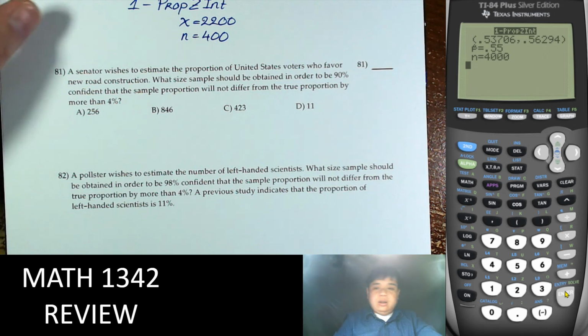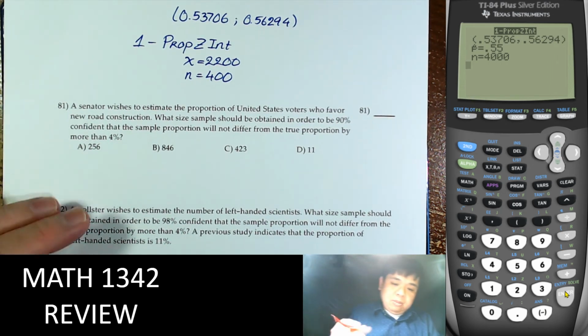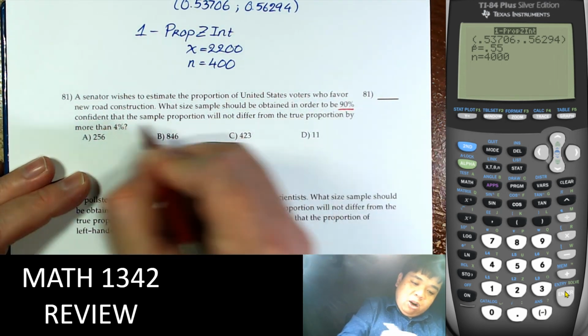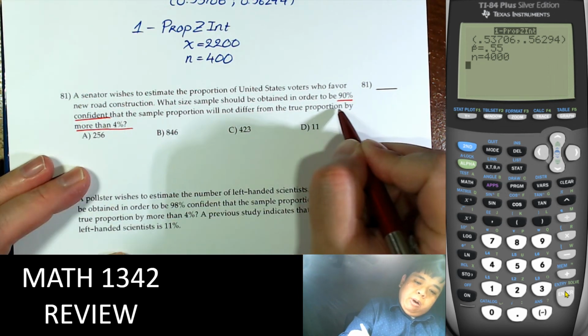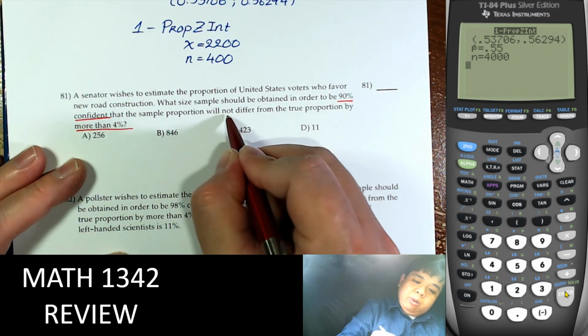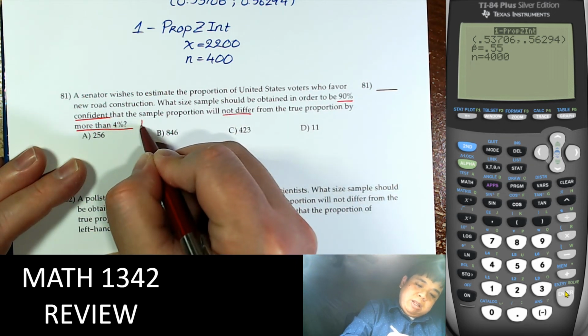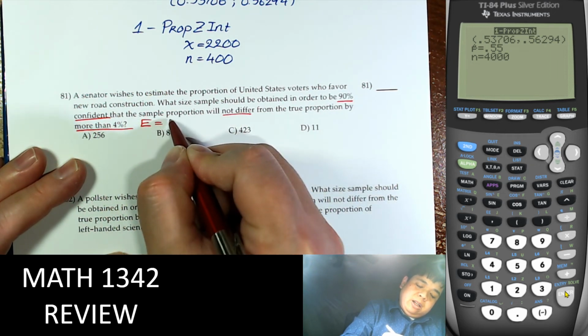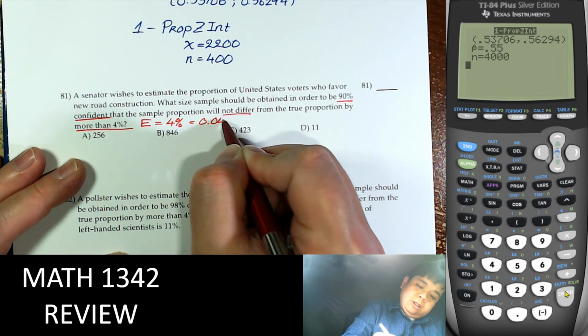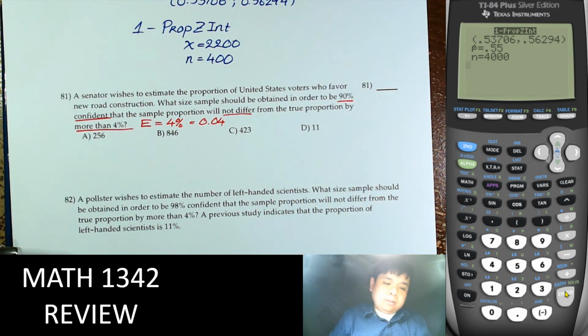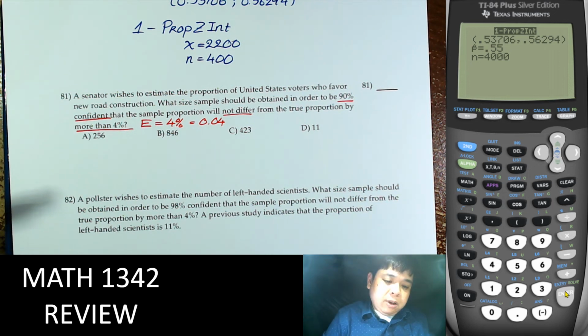So in this case, we have 90% confident and the error is 4%.